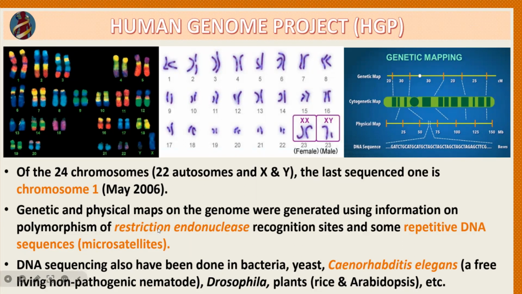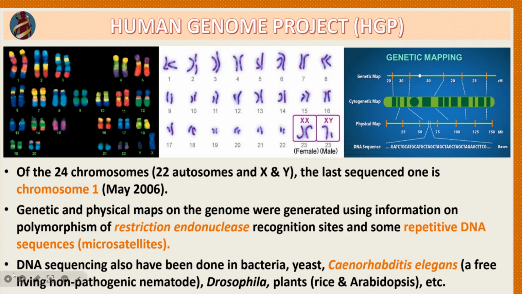Endonucleases are enzymes which cut the DNA. Now you have a long stretch of DNA, you have to cut the DNA. So for that cutting, they were using restriction endonuclease. Now there are two types of nuclease enzyme, endo and exo. Endonuclease will cut the DNA somewhere in the center. Exonuclease will cut the DNA at the edges.